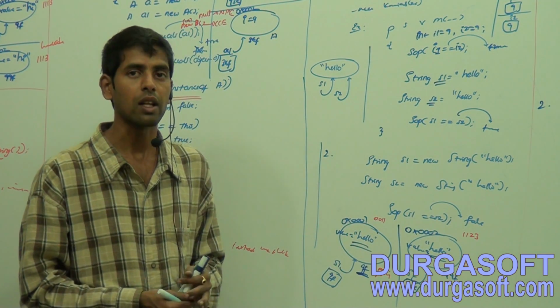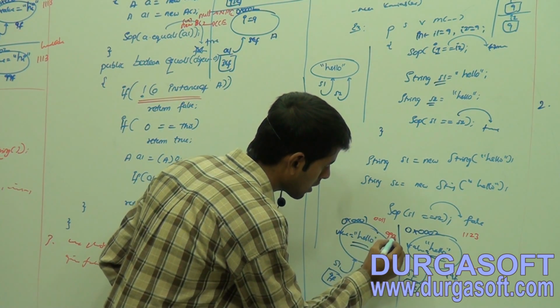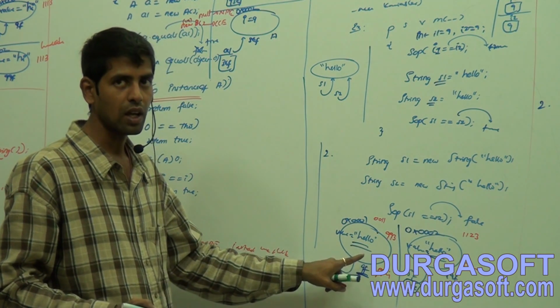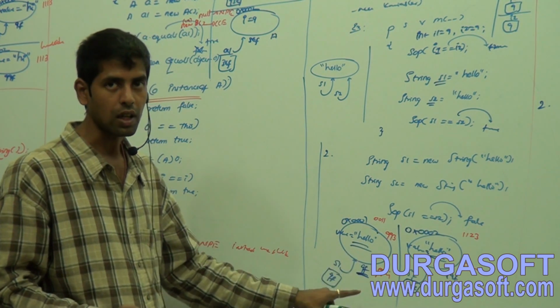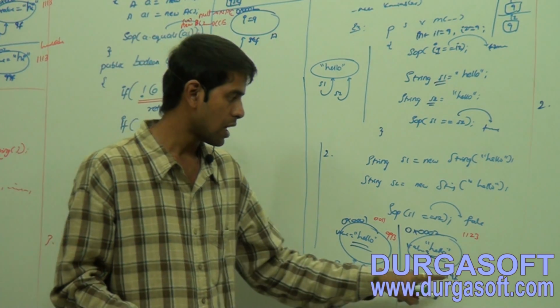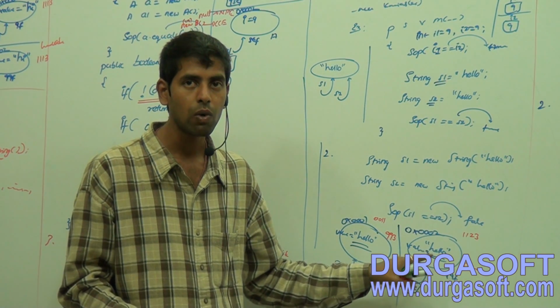Let it be the value 993. Here the object data is the same, and it is a string object. The hash code method has been overridden, and this underlying object is also a string, and the value is "hello".